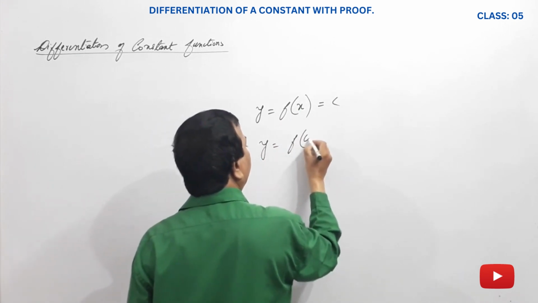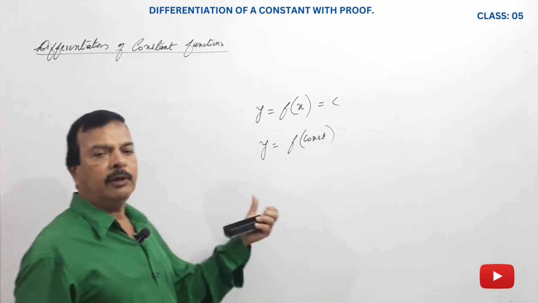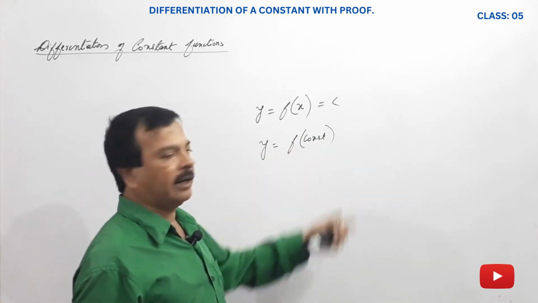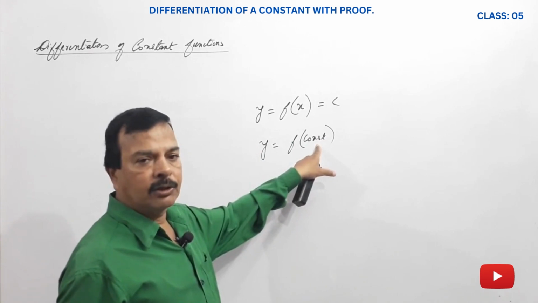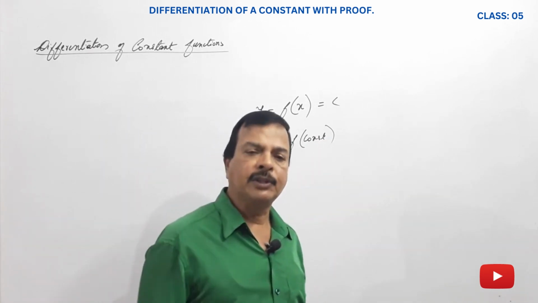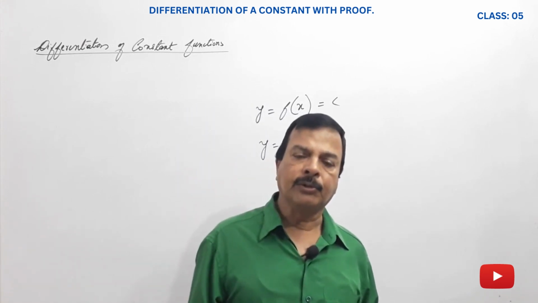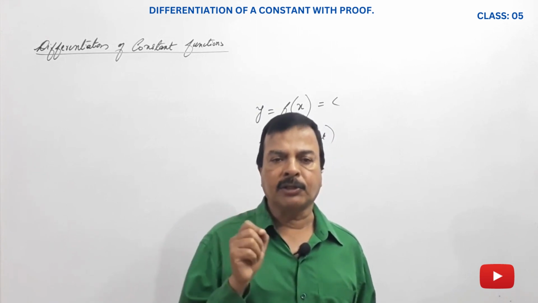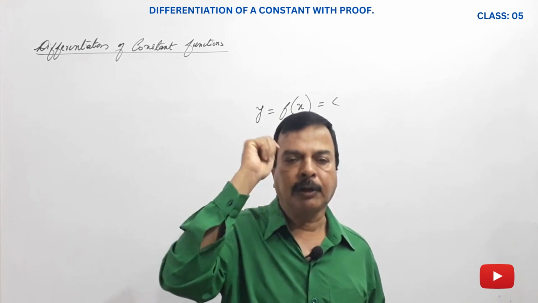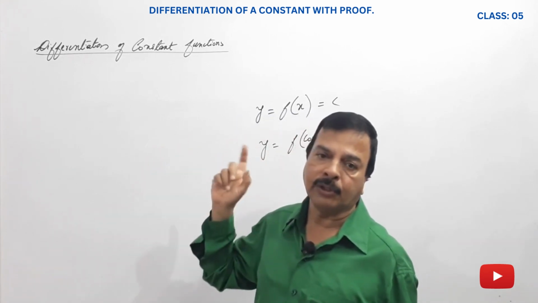So, you are given a function where y equals f of x, where this is a constant. Remember, dear students, if you differentiate a constant, the answer is always 0. So, d by dx of a constant is always 0. Remember this and put it in your mind that if you differentiate a constant, you always get 0.